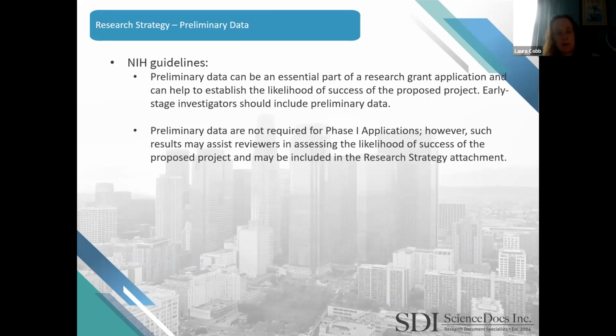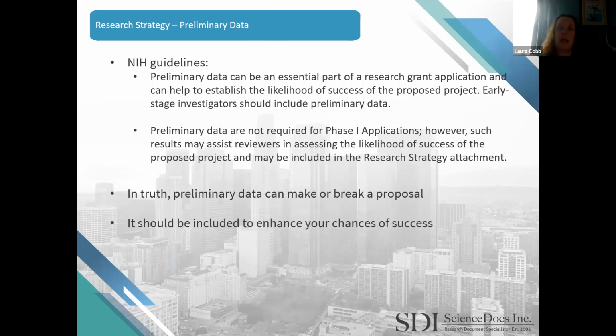So this is where I'm going to completely diverge from what the NIH says. Regardless of what they list, and even allowing for the fact that phase 1 of an SBIR is proof of concept, you should always include preliminary data. And in fact, it can make or break your proposal. So you should include it to enhance your chance of success, but you do need to make sure that the data that you include are useful.